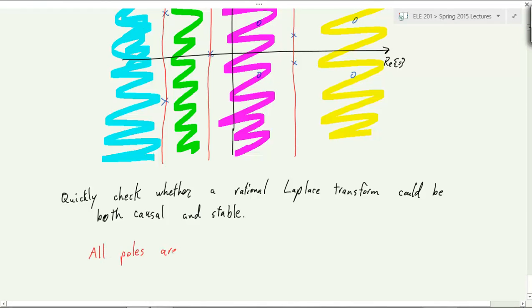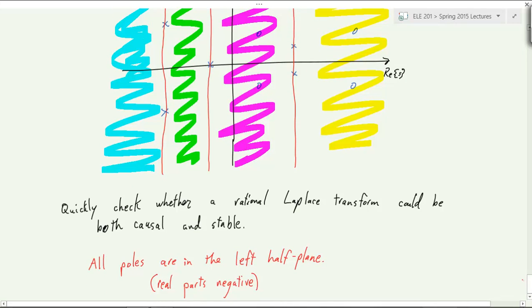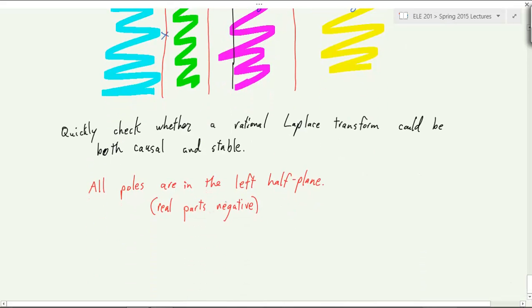The poles are in the left half plane. So if you forget everything else about Laplace transforms, let's say after the final, when you've finished this class and moved on in life, this is probably the most important thing that you can retain for future applications: the Laplace transform of a system, meaning the Laplace transform of the impulse response of a system, can be causal and stable if and only if all poles are in the left half plane.